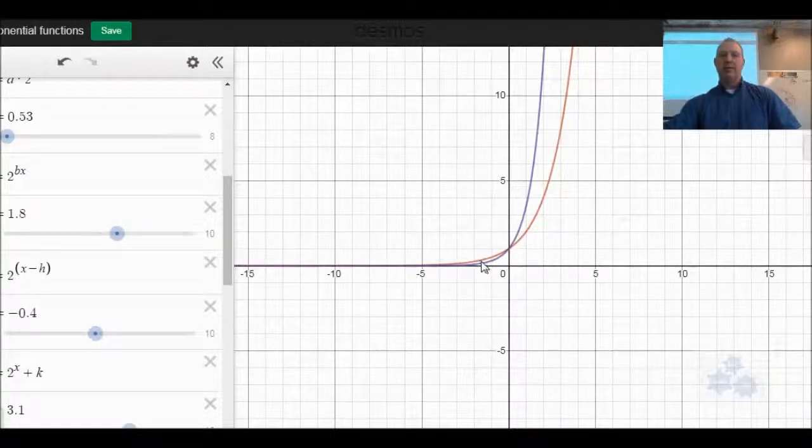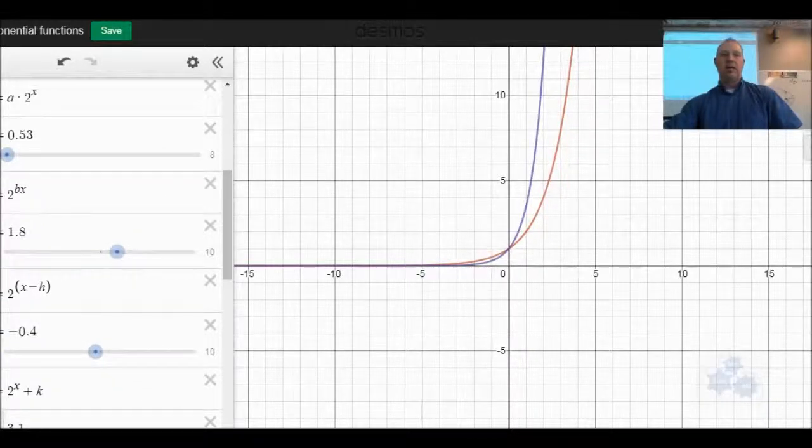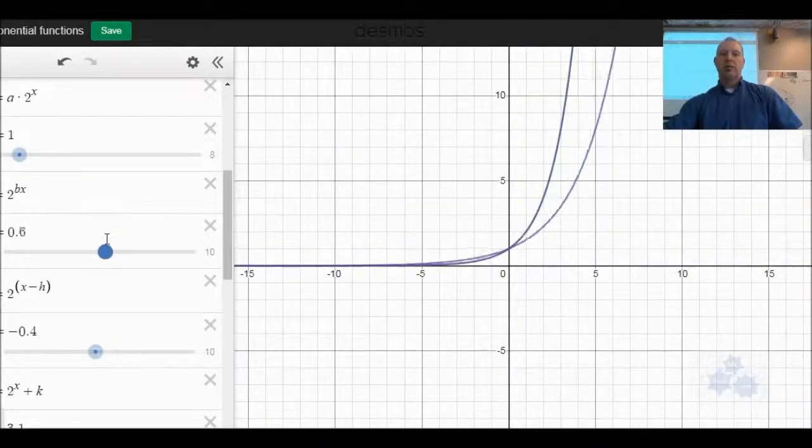It pulls in this way towards the y, and in this way towards the y. That's a different look than the a. So once again, let me see if I can do this both at the same time. Here's the a, see it gets pulled upwards. That's the a, pulling upwards. And the b gets compressed inwards and outwards. So the b gets compressed inwards.